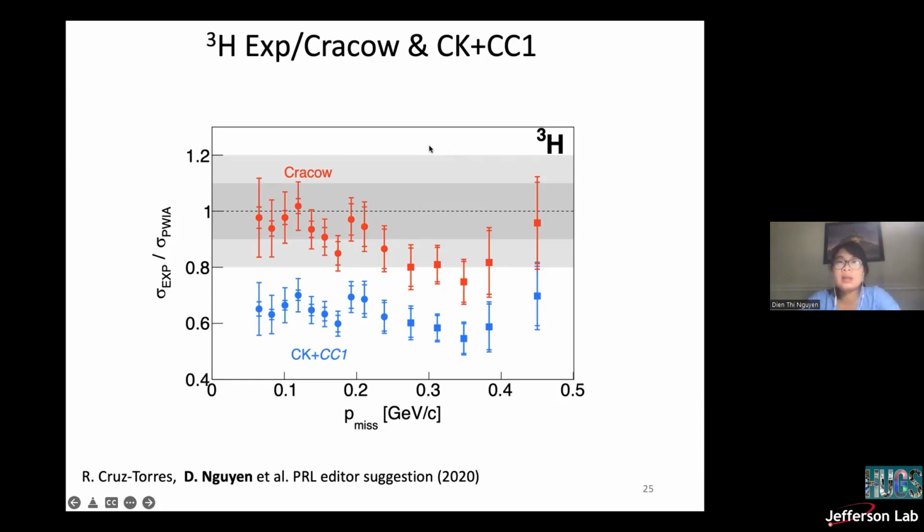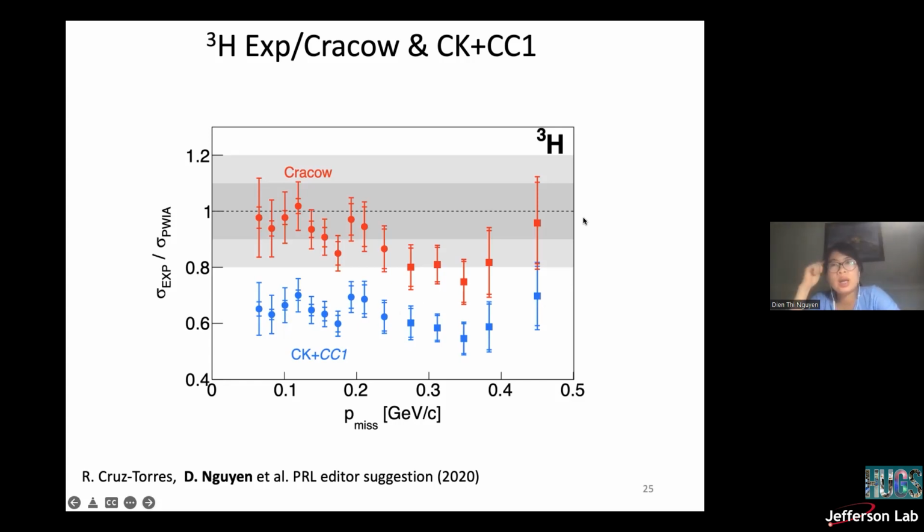As you can see, for the Krakow calculation, within the error bars, it describes the shape really well. This black band here is around 10% and this lighter one is 20%. So it looks like this full calculation can describe the data within 20%. For the factorized calculation, it is a little bit worse, about a 40% difference here.